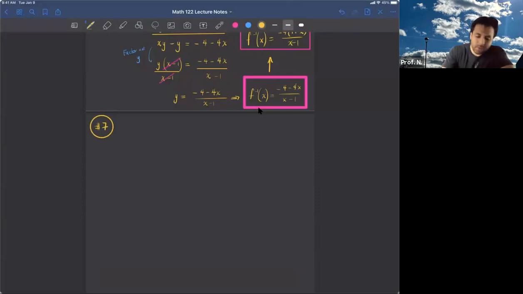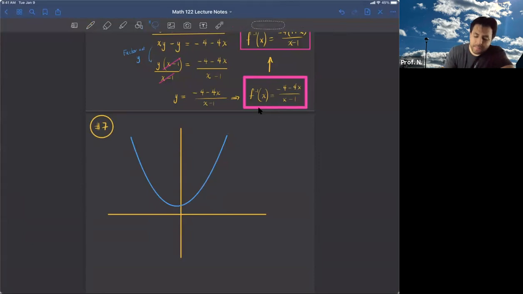And let me draw out what I have. It might be very similar to yours. It might be different. So I have a parabola. Boom. So this parabola here represents the parent function y equals x squared.